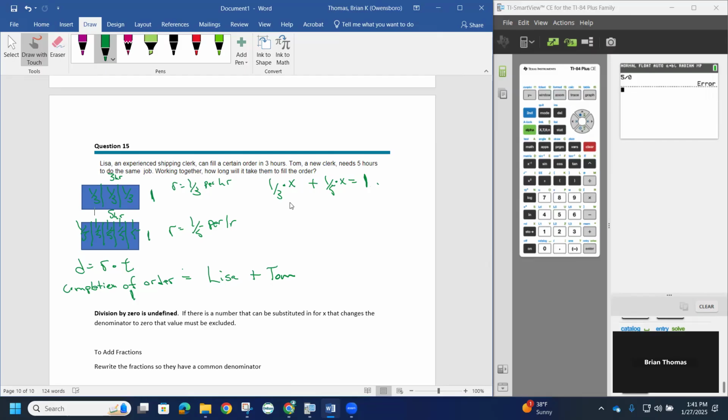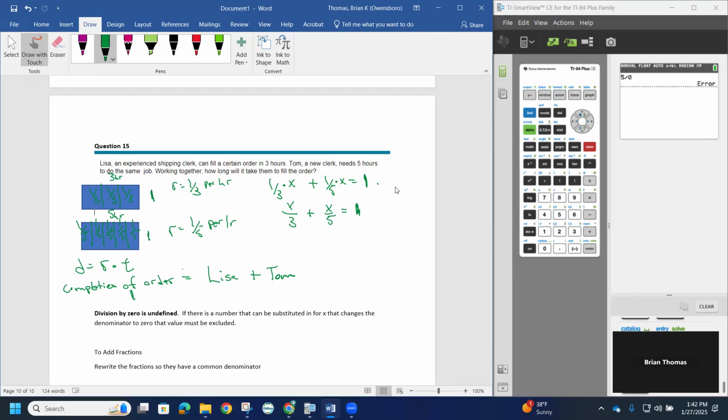So I can write this as x over 3 plus x over 5 equals 1. That would be my equation for this. This represents how much of the job Lisa fills, and this represents how much of the job Tom fills. But the question is how long does it take them to complete that one order?